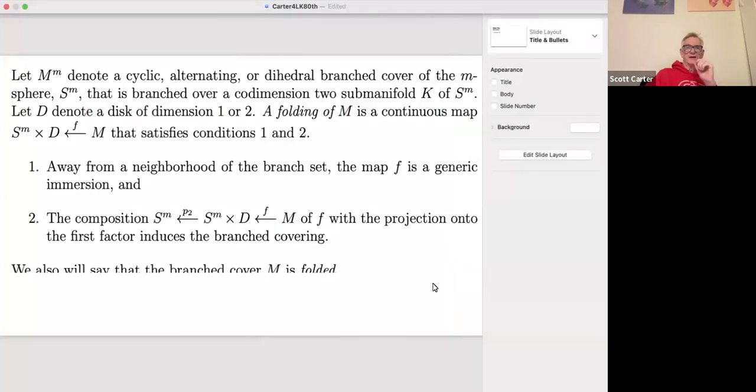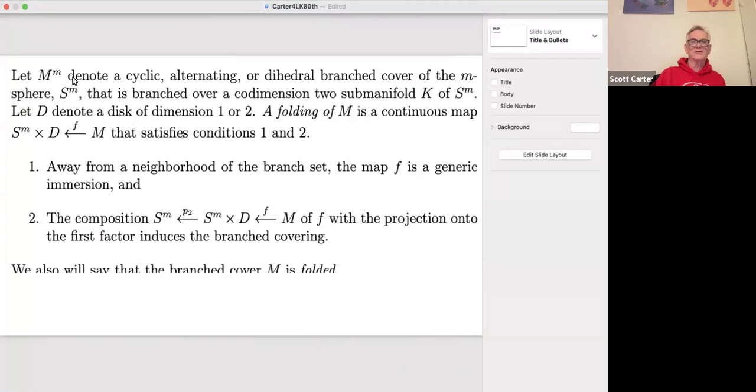So I'm interested in either a cyclic or a dihedral branch cover. I was going to talk about alternating covers, but I don't have that much time. And of the m-sphere, and m is going to be 2 or 3.